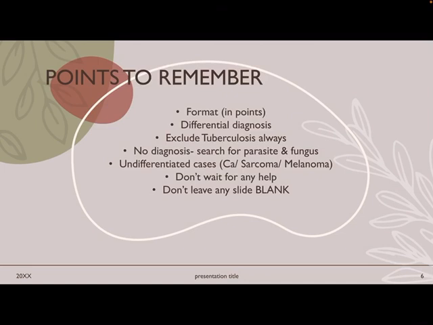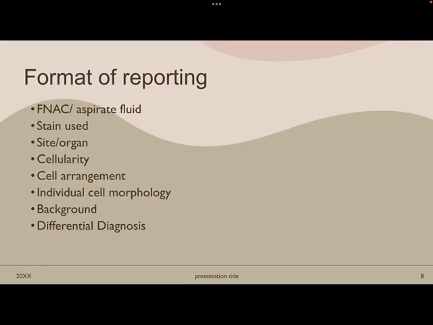Okay, and then coming to cytology. In cytology, first you have to see which slide is given, whether it is an aspirated fluid or an FNAC. Then you check which stain is used, especially for cytology.